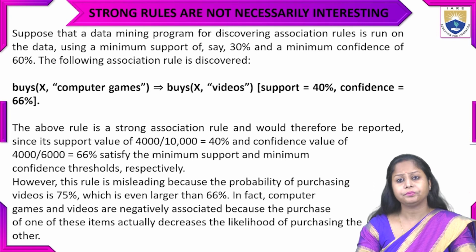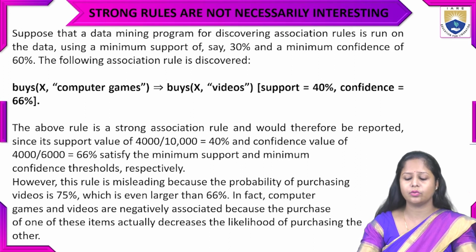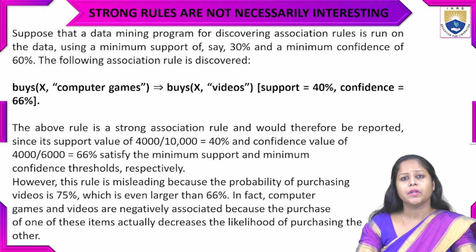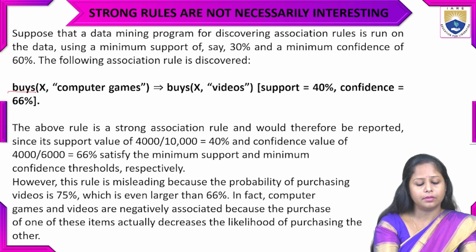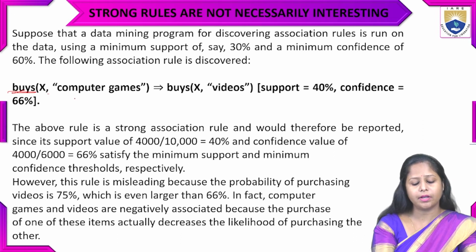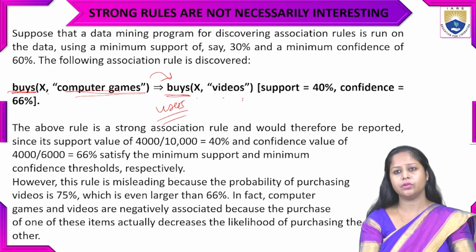So suppose the data mining program for discovering association rules is run on this data using a minimum support of, say, 30% and minimum confidence of 60%. The rule we will make is: the users who buy X, computer games, depend on the users who buy X, videos.